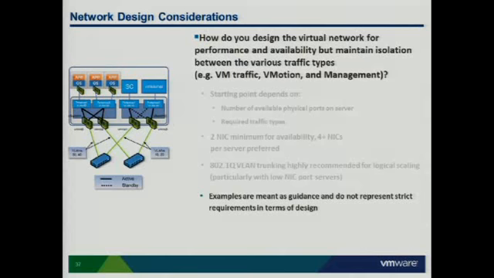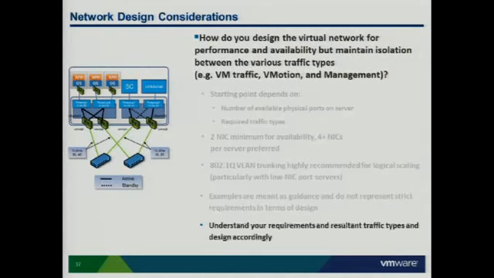And then just keep in mind, these examples are meant as guidance. They don't really represent strict requirements in terms of design. But you really want to be familiar with your network requirements and needs, and work with your physical network admins. And that's just the last point here. So you just understand what those requirements are and design accordingly.